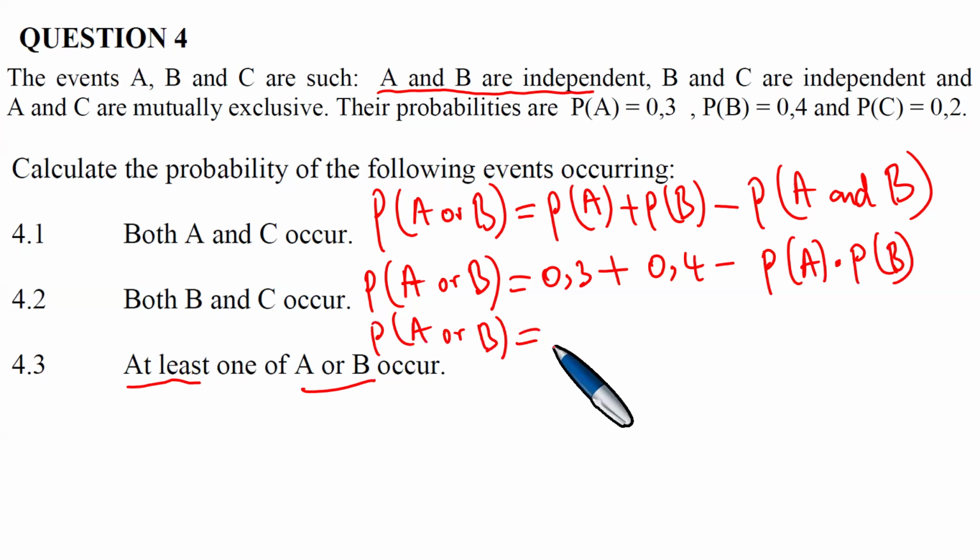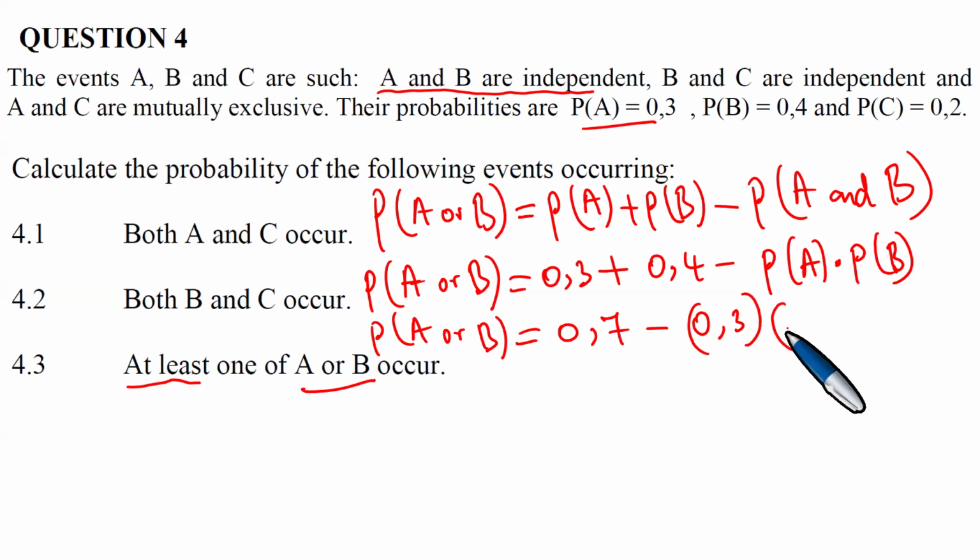So we can say this is 0.7 minus the probability of A, which we know is 0.3, in parentheses, times the probability of B, 0.4, in parentheses. We want to determine the product of A and B, and we can do that with so much ease.